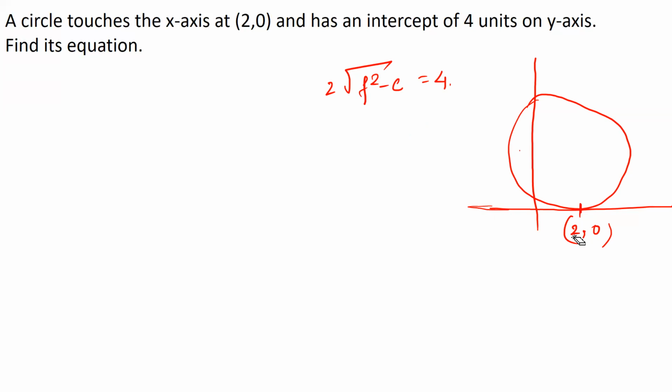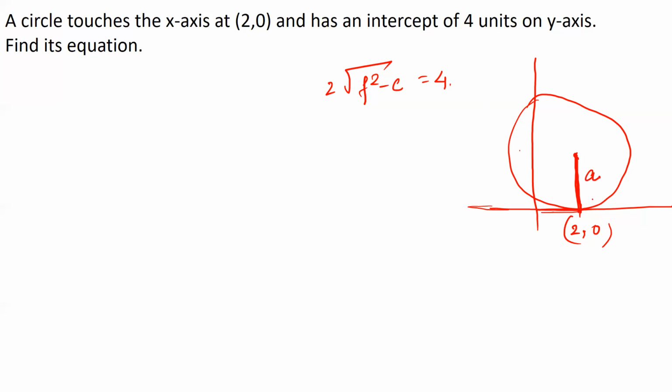The circle touches the x-axis at 2 comma 0. So if the circle touches the x-axis at 2 comma 0, then if this is my radius, I walk 2 units in this direction, and then this is my radius.